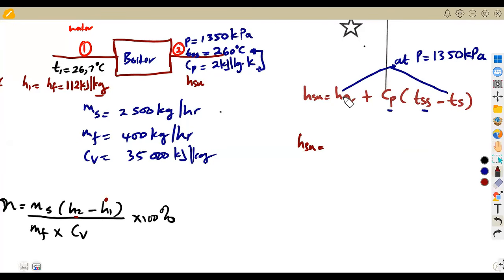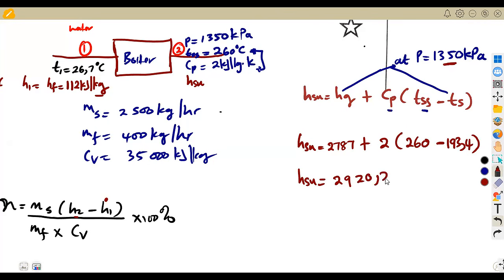So we saw that the value of Hg there was 2787 plus specific heat capacity, which is 2, into TSS, which is 260, minus Ts from the pressure here, we got 193. Okay, we saw that it was 193.4. So that is what was going to give us H sup in this case, which was going to be 2920.2 in kilojoule per kg.